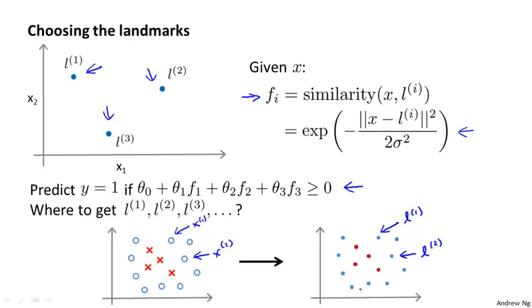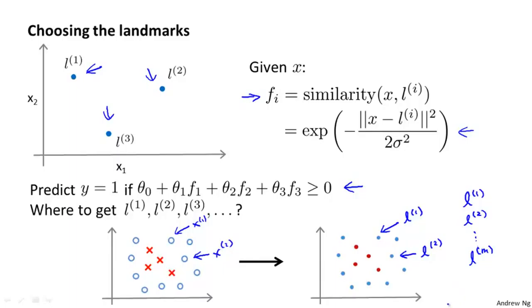On the figure on the right, I use red and blue dots just for illustration. The color of the dots on the figure on the right is not significant. But what I'm going to end up with using this method is m landmarks. So I have L1, L2, down to Lm if I have m training examples, with one landmark per location of each of my training examples.